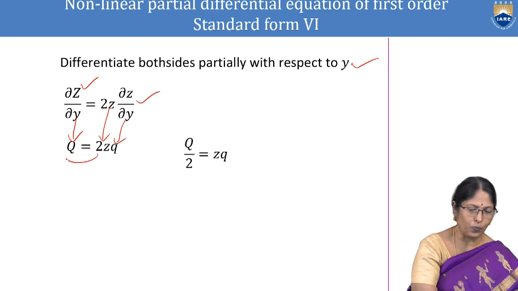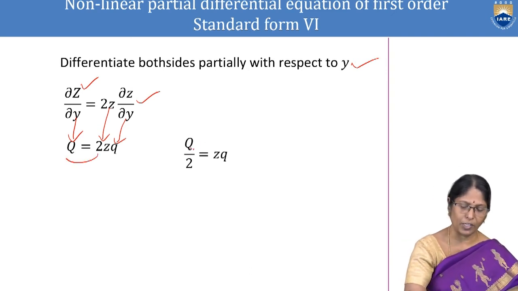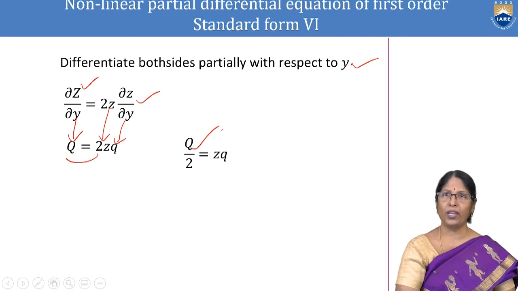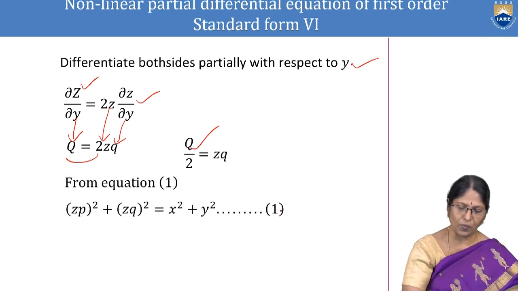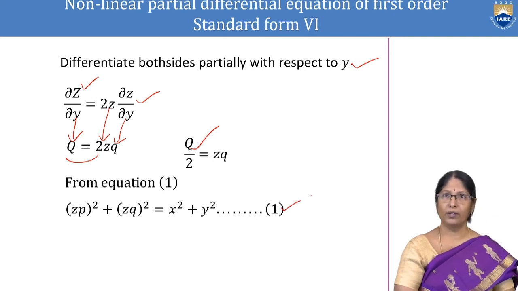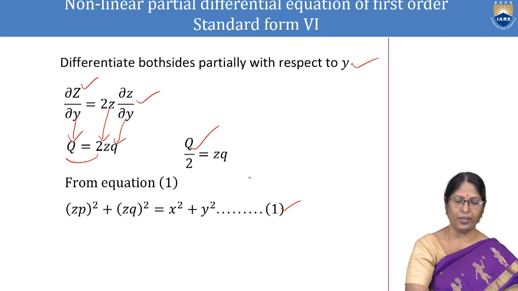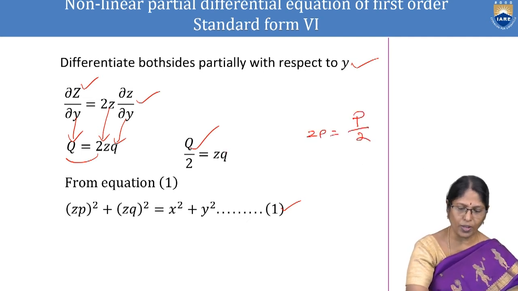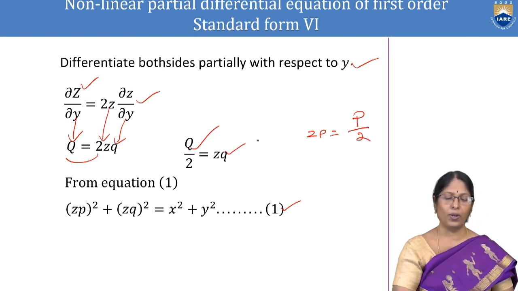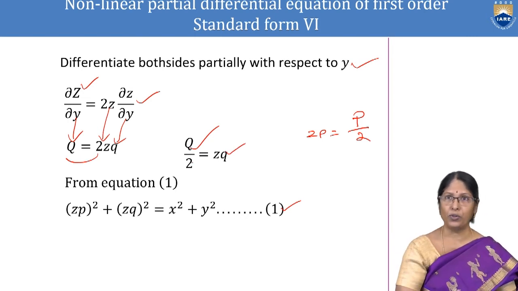So the 2 we are bringing to this side. It has become capital Q by 2 equal to zq. We know equation 1 is this one. We got it already: zp equal to capital P by 2. Now we got zq equal to capital Q by 2.